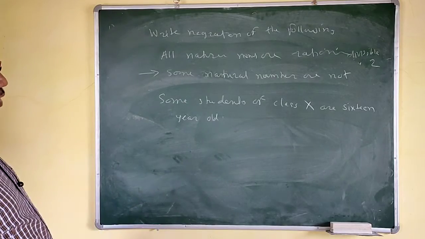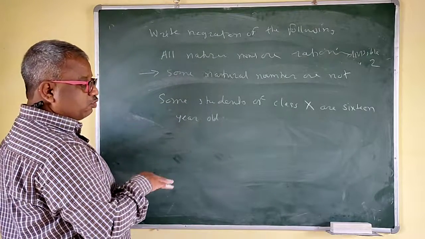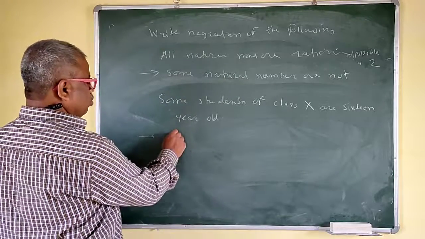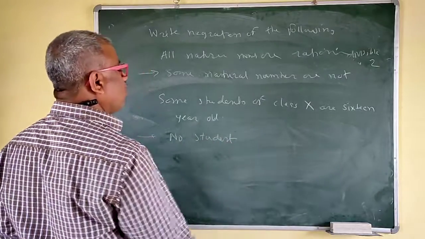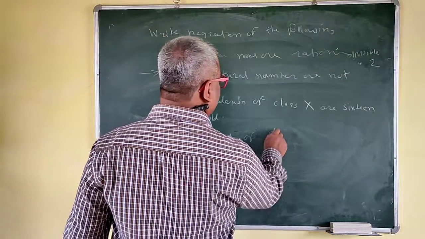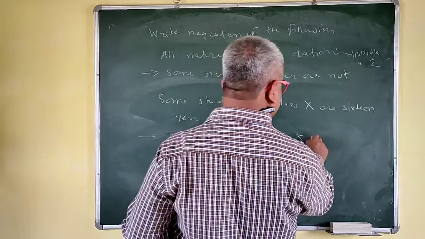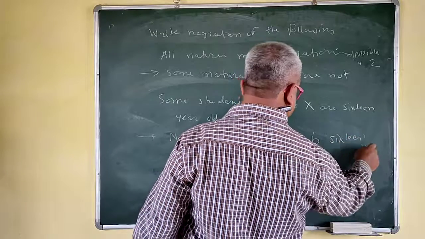So some student, that means what? You have to take the negation. Some student means no student. Your negation will be: no student of class 10 is 16 year old.